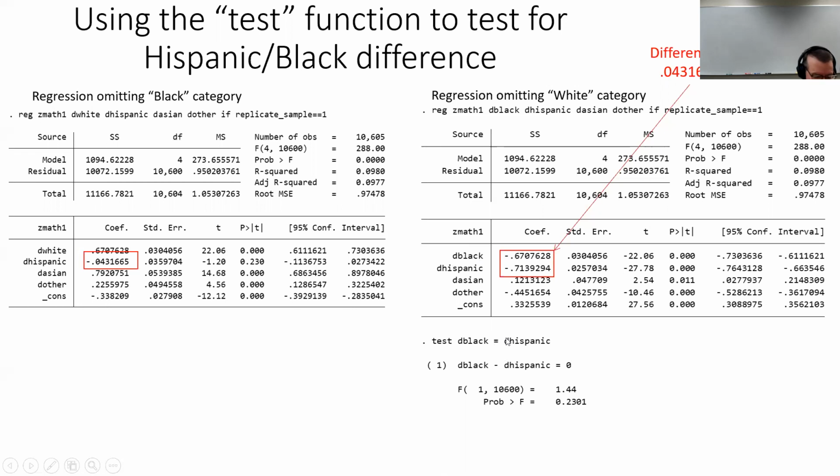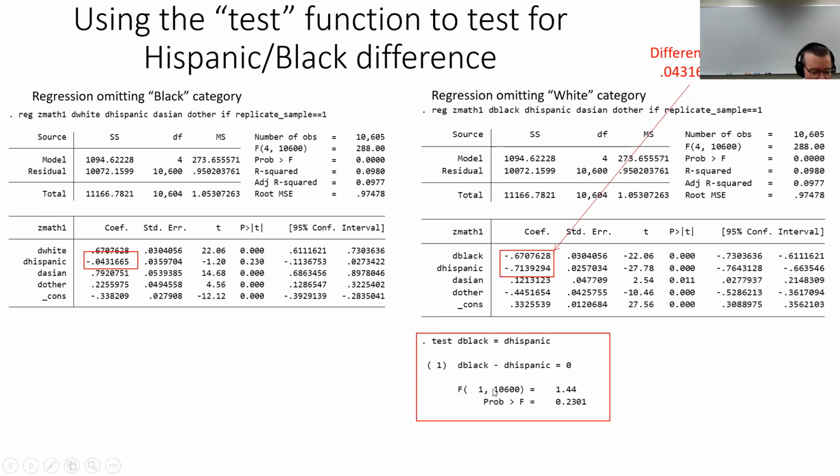And that's what this test function is all about. In this case, you want to test the difference in coefficients for two variables that you've included in the regression, Black and Hispanic. So we test that the coefficient on D Black is the same as D Hispanic, which amounts to one minus the other equals 0. That's the null hypothesis test.